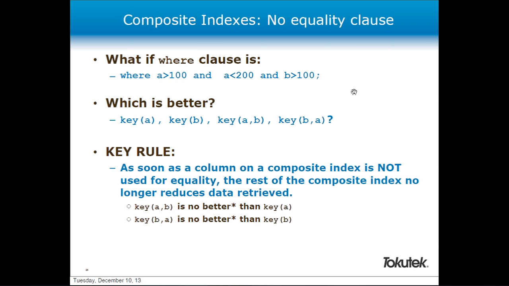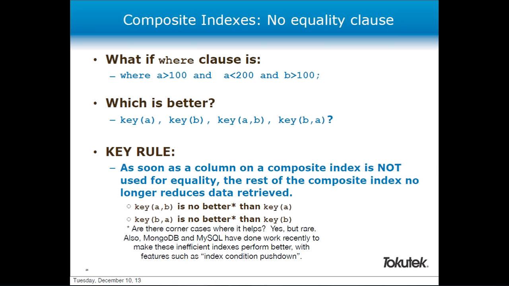So, as far as the number of rows retrieved, a key of AB is not going to be much better than a key on A, and BA is not really going to be much better than a key on B.